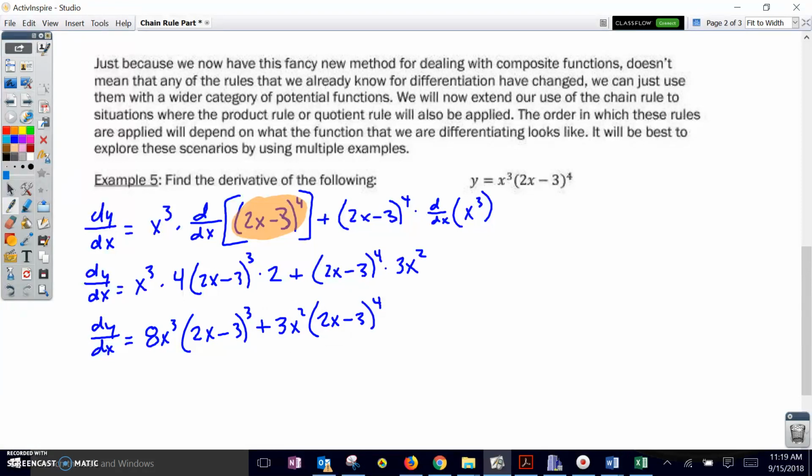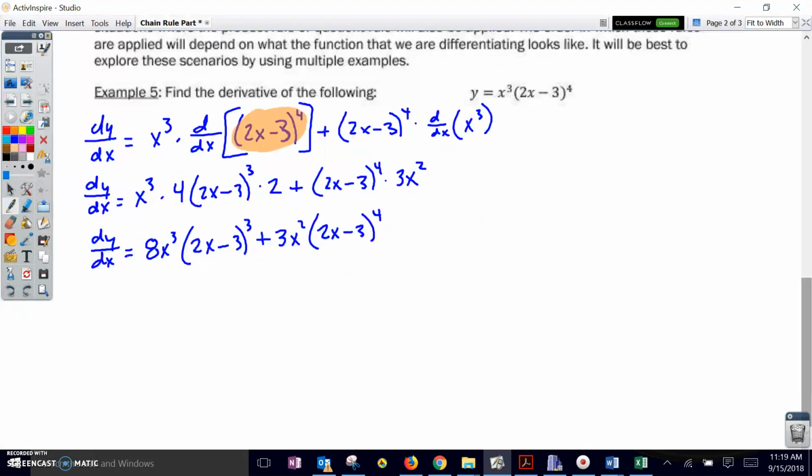Now I want to simplify this by taking out any common factors that I've got. So I can factor out an x squared, and I can factor out a quantity 2x minus 3 to the third out of both of these terms, which leaves behind in the first term 8x, and in the second term 3 times the quantity 2x minus 3.